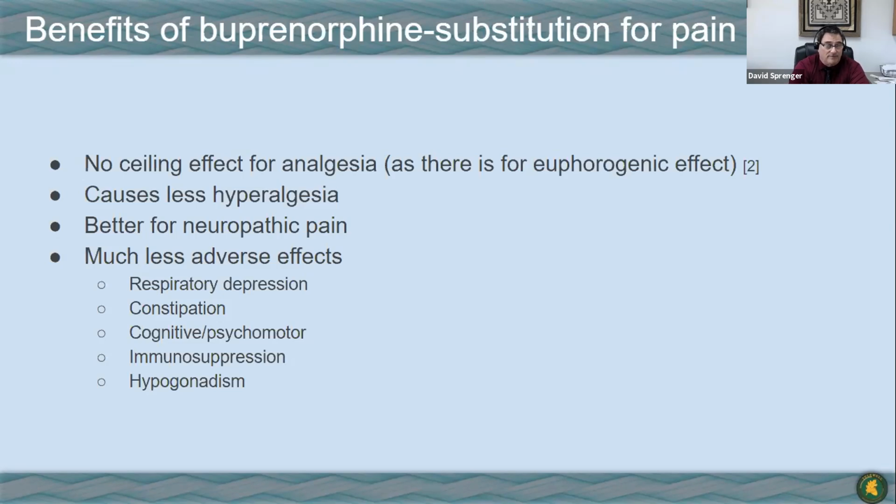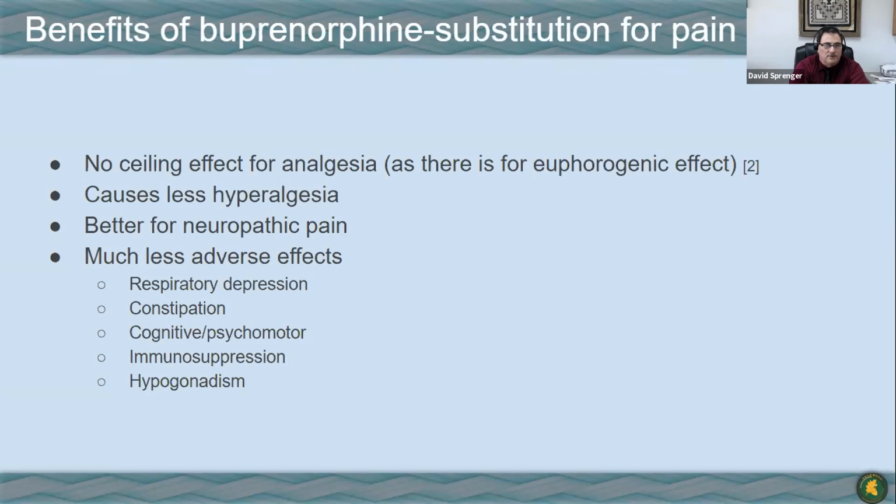And buprenorphine does not do that, or at least does it to a much lesser extent. Buprenorphine is better for neuropathic pain. As you probably know, the traditional opioids are not that great for neuropathic pain, and buprenorphine is indeed better.